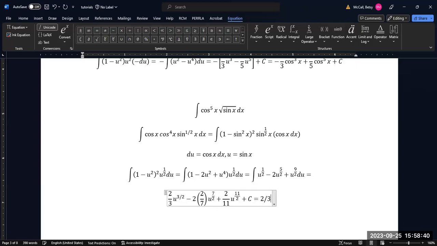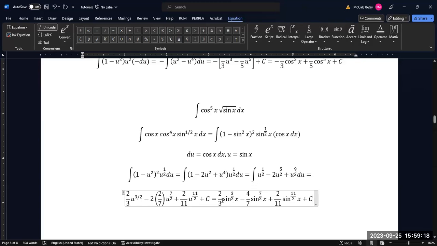So this will become 2/3 sine to the 3/2 x minus 4/7 sine to the 7/2 x plus 2/11 sine to the 11/2 x plus c. So again, we have an expression that's entirely in terms of sine.